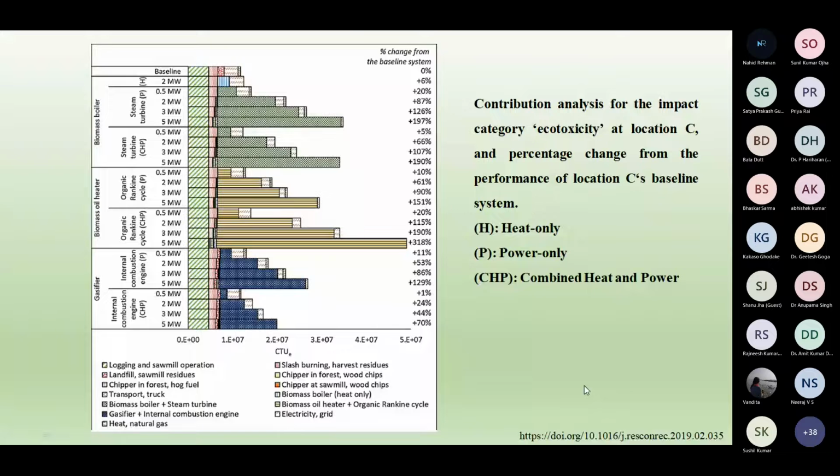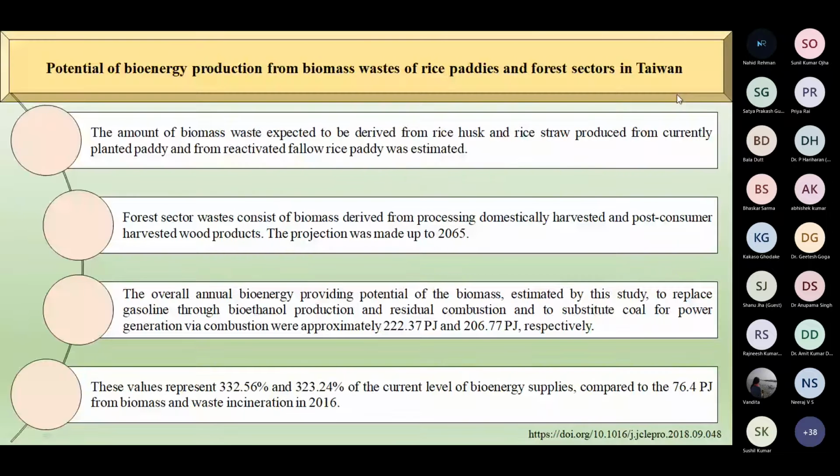In Taiwan, potential bioenergy production from biomass waste of rice paddies and forest sector is compared, and overall annual bioenergy potential of biomass, what they found out, it is 222.37 petajoule, and bioethanol 206.77 petajoule.